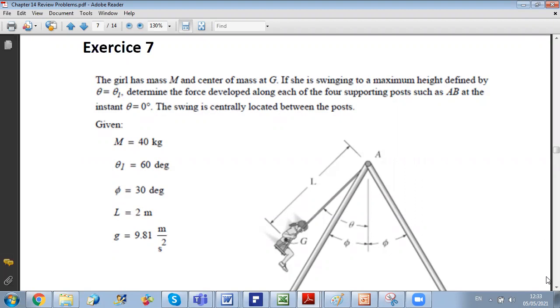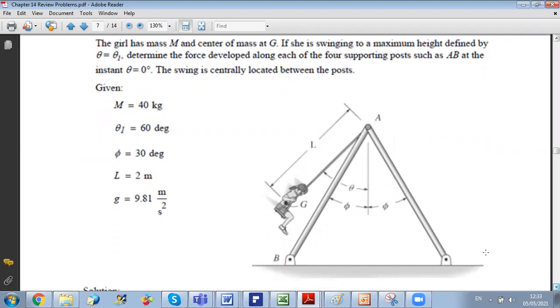So what do we have here? In this problem, you have a girl that is swinging between a certain maximum angle and the vertical. The initial angle theta is equal to 60 degrees, and it's starting from rest at this position. So the velocity Vg at state 1 is 0.